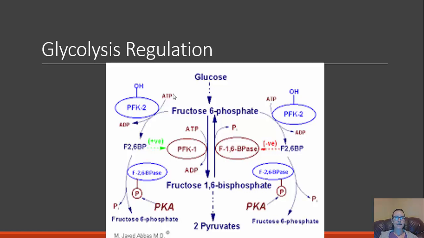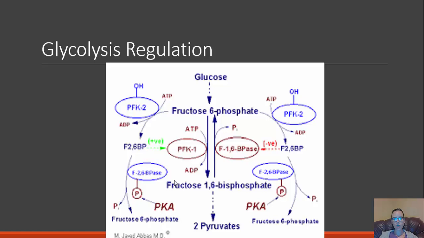The kinase adds the phosphate on and makes it active, and it results in the stimulation of PFK1 and the inhibition of F1,6BPase, and therefore drives the reaction down.